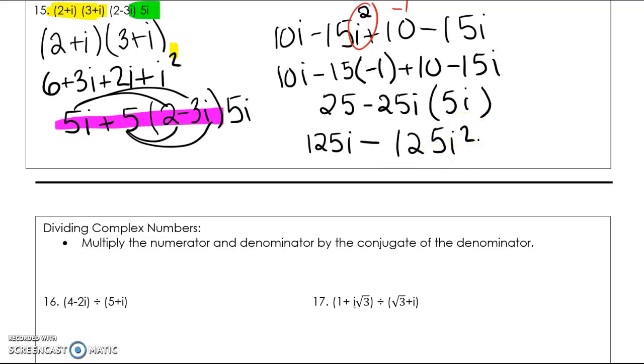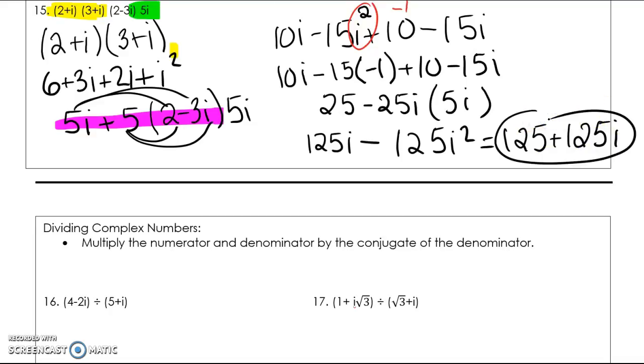And we all know that i squared is the same thing as negative 1, so it becomes a positive 125. And then it's going to be plus 125. There we go. So hopefully we're able to look at that.